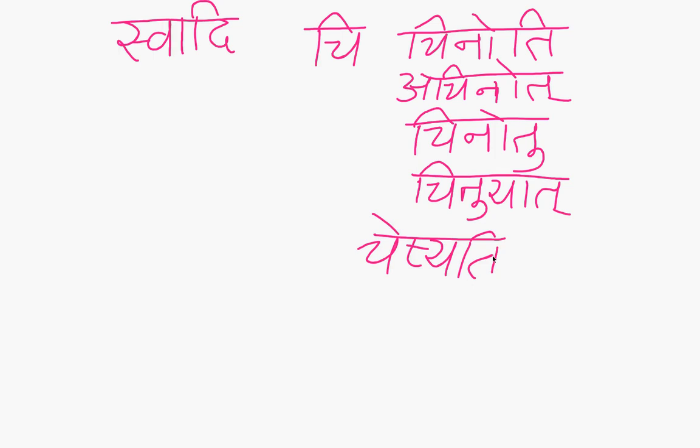So again, you see the difference here in the forms of these four lakaras. In the Lrit lakara there is no na or nu, nothing about nu here. This is just Cheshyati. So chi remains chi here. There is no Vikarana Pratyaya added here. It changes to che because of other reasons, but there is no Vikarana Pratyaya.